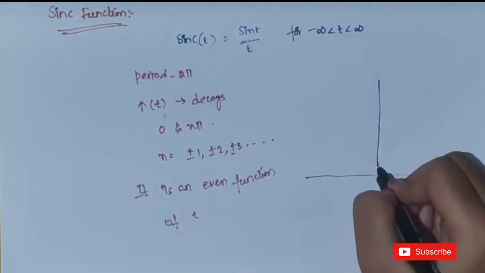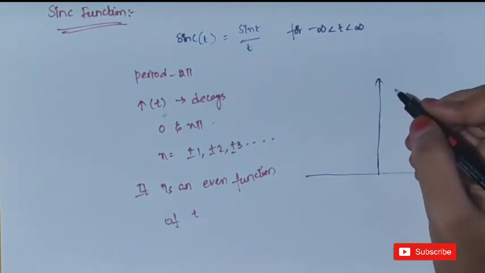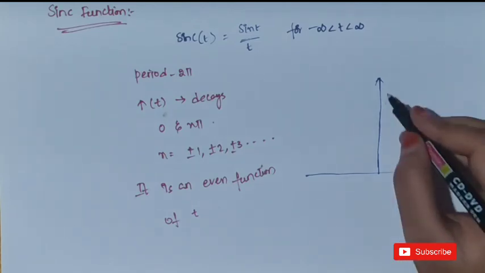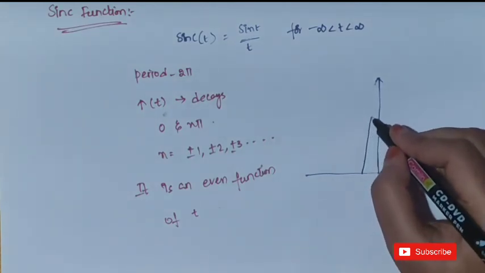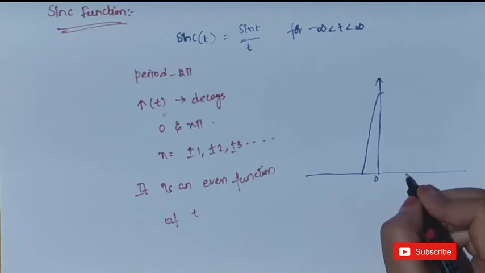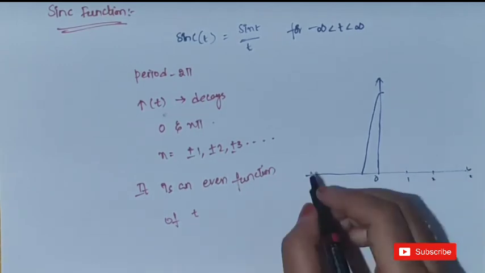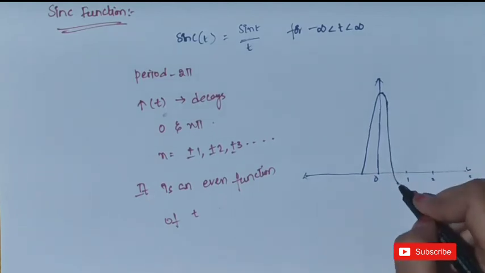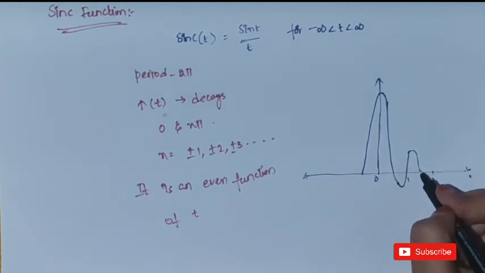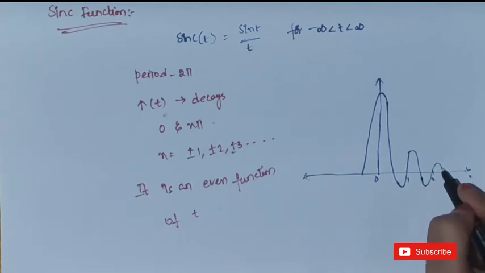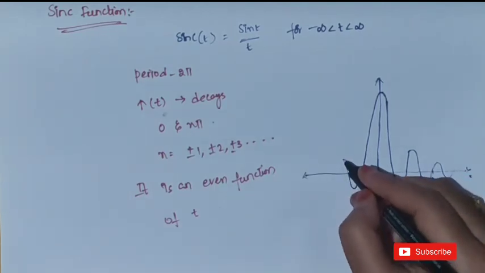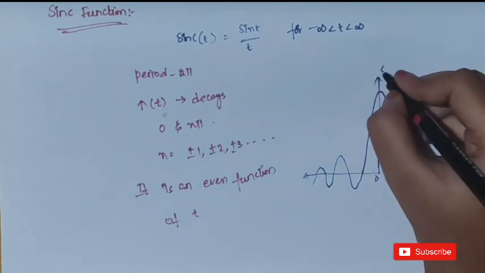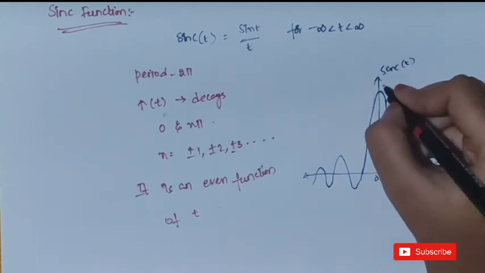At the starting point the function is rising, and when the value of t increases, the function goes on decreasing, for example at 0, 1, 2 and so on. The curve goes on decreasing. This is about sinc of t.